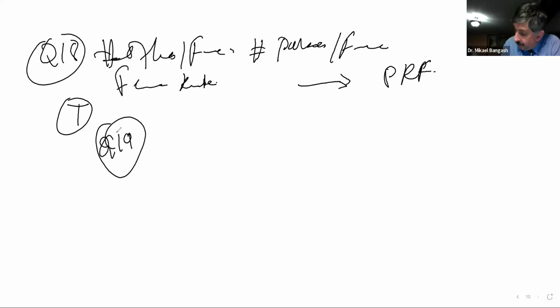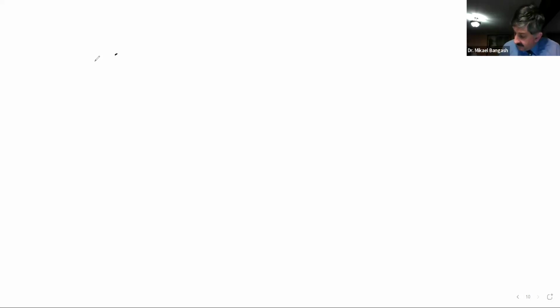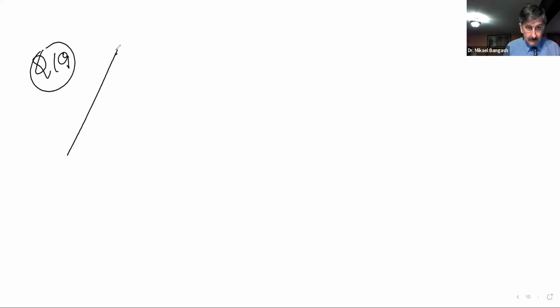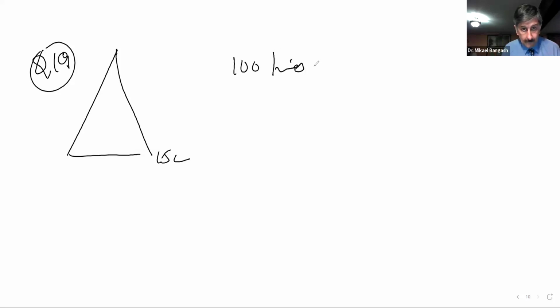Question 19. True or false? If the imaging depth of a scan is 15 centimeters and there are 100 lines in the image, then the number of pulses making up the scan is 1500.